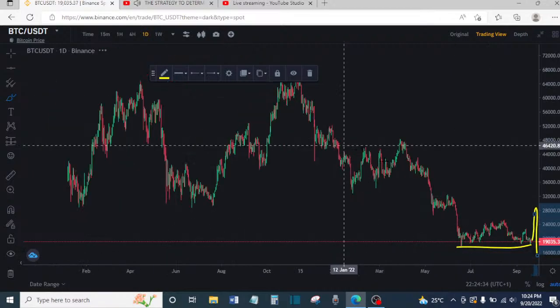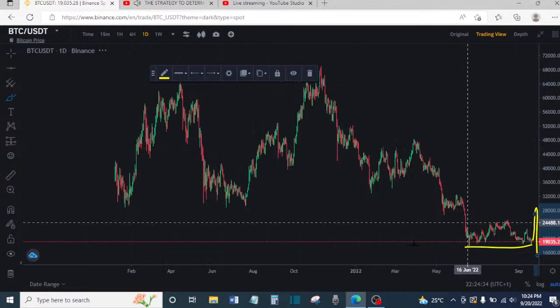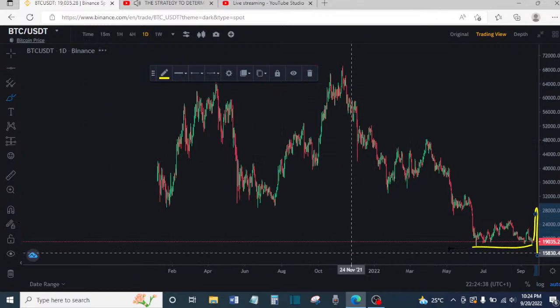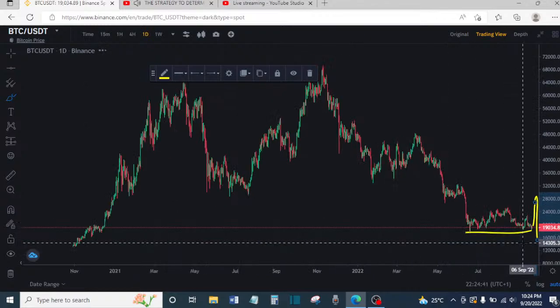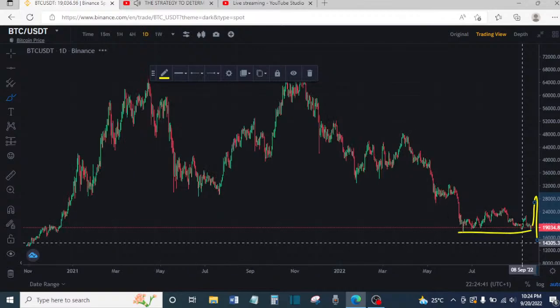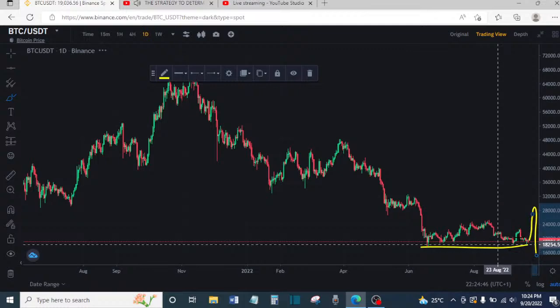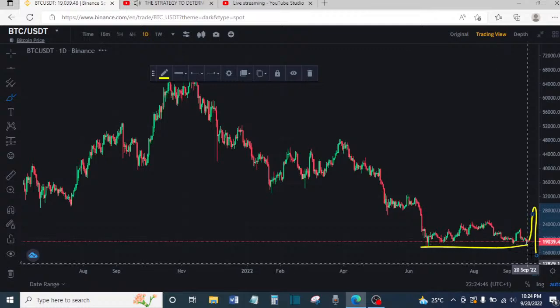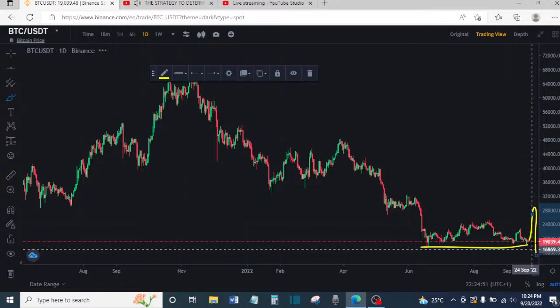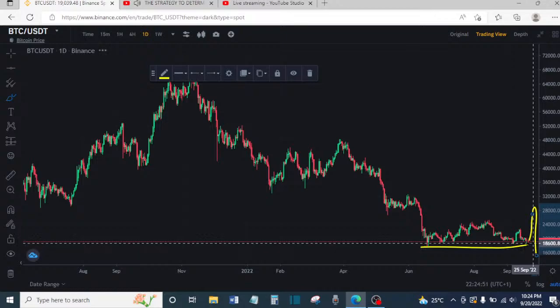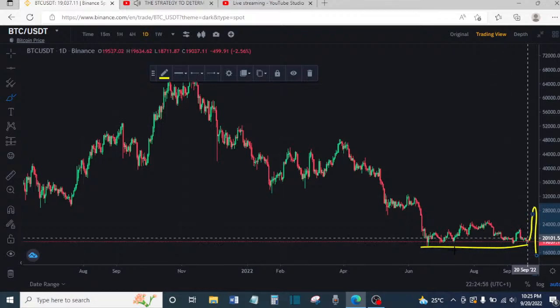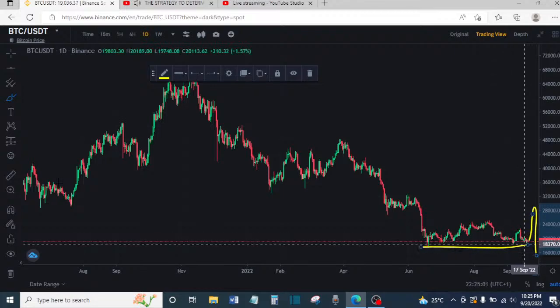But if we want to expect that, after whatever has happened to Bitcoin at this bottom, we don't expect Bitcoin to fall back down again, then we will be expecting that Bitcoin will never come back down to these prices, between 18 and $20,000. They need to take out this place now.